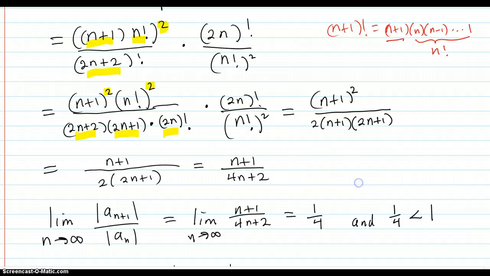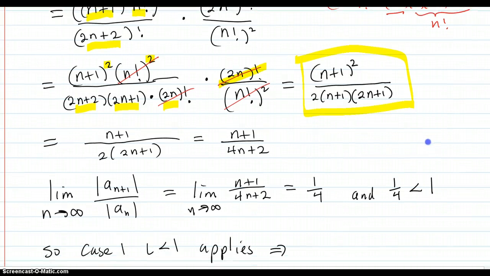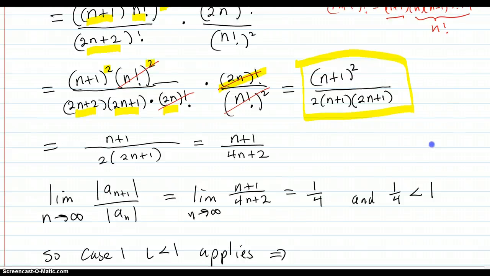Then I see that I could just cancel out the 2n factorial. Let's do that again right here: the 2n factorial, the 2n factorial, the n factorial squared, and the n factorial squared. And I'm left with this. So now at least I got rid of those factorials, which is what the goal is, really.